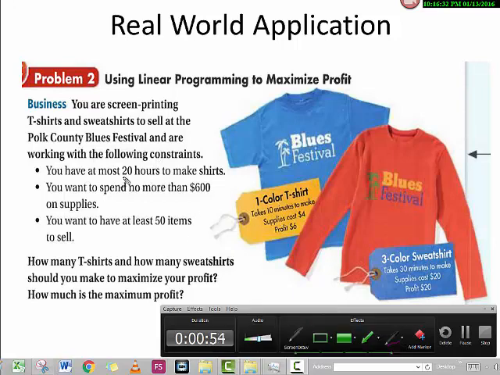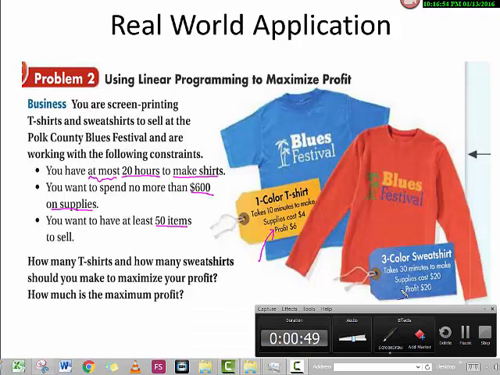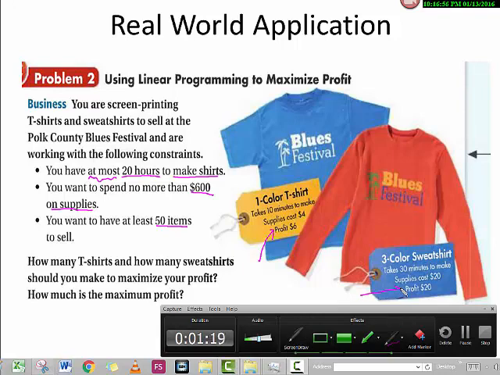For example, you can only have 20 hours, the most, to make shirts. And you cannot spend more than $600 on supplies. And you have to sell at least 50 items. So these are constraints. At the same time, you make a profit of $6 on a t-shirt, and you make a profit of $20 if you sell the 3-color sweatshirt.